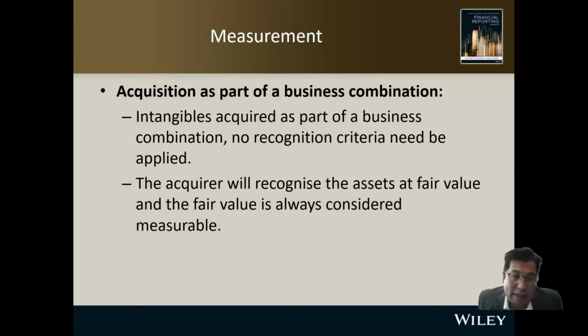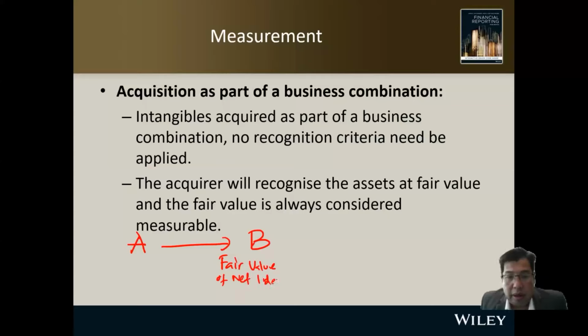For example, just to give you an example here. A buys B, they acquire company B. The fair value of net identifiable net assets, meaning you check all the fair value of assets minus all the liabilities, is 100 million.